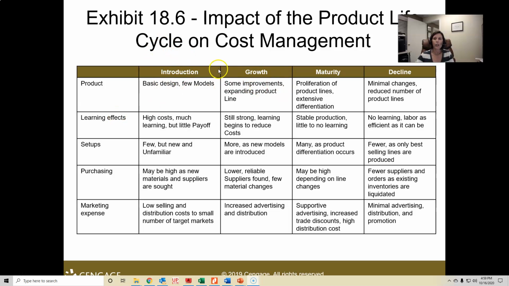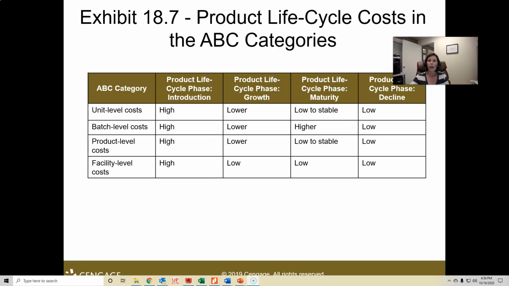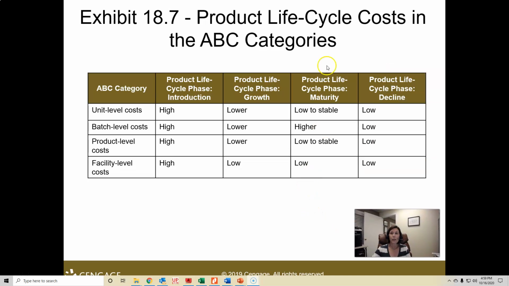And then with each, I won't read this chart, but each stage of growth, it outlines the impact on each of these individual areas by stage of the growth cycle. We can also look at this from an activity-based costing perspective. And so we're looking at this now from unit level, batch level, production level, and facility level costs. And again, these change over the various stages of the growth cycle.